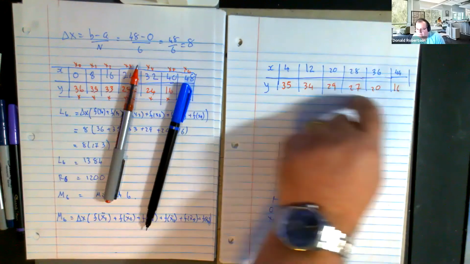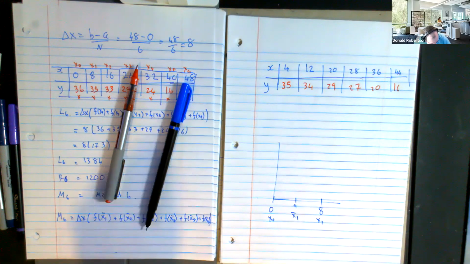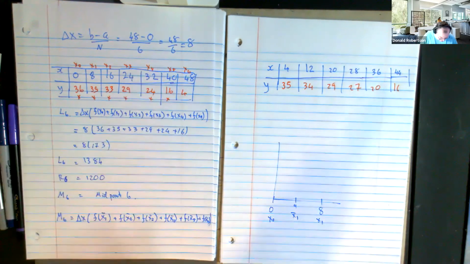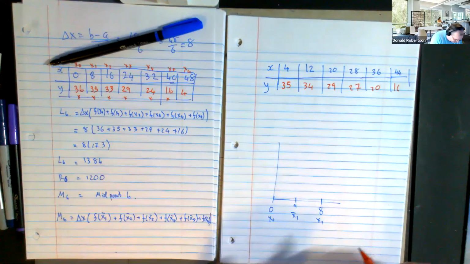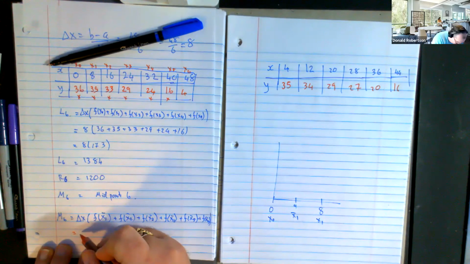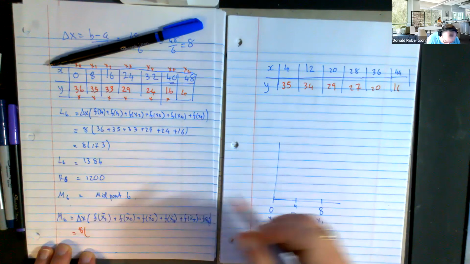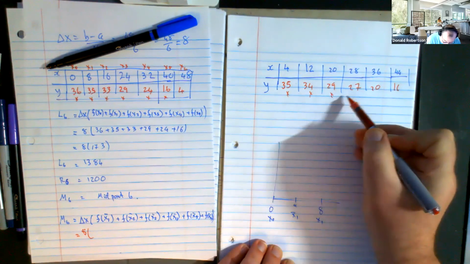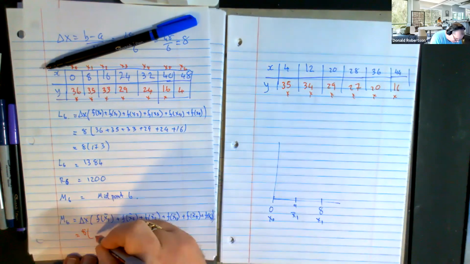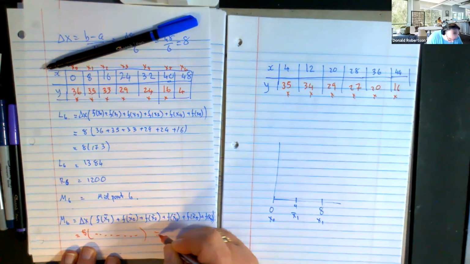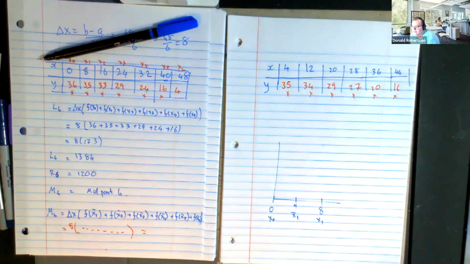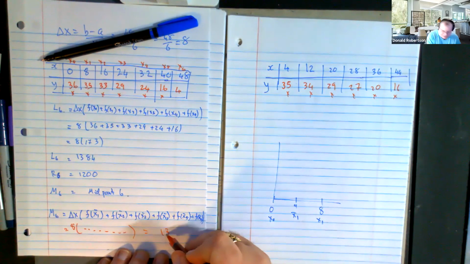What I hope you're getting is how I got the numbers or where they came from. Right, there they are. Now, if you've got this guy set up, isn't it basically delta x, which is still 8, but won't the numbers be this guy, this guy, this guy, this guy, this guy, and this guy? And I'm just going to go dot, dot, dot, right? And you get whatever you get, right? 1300, right?